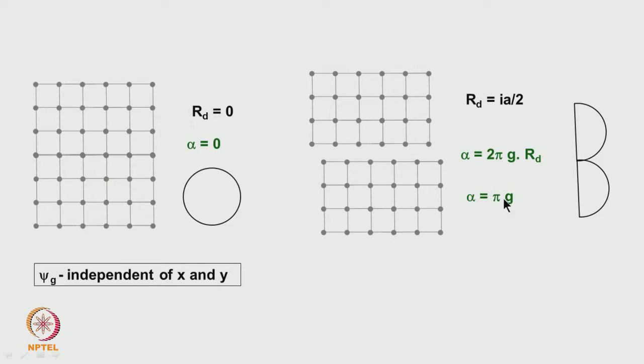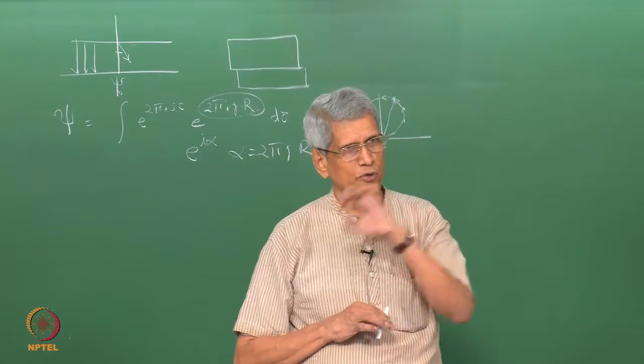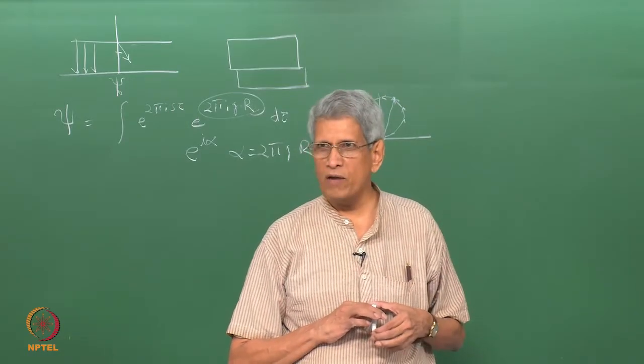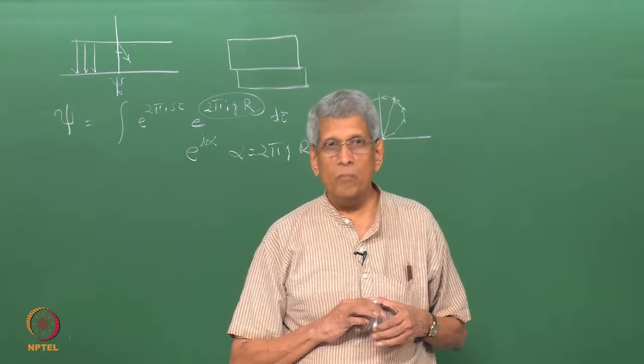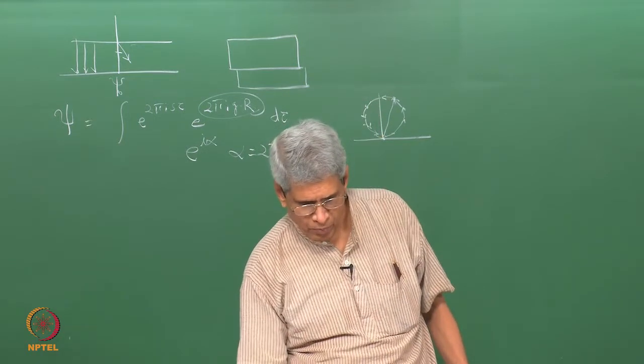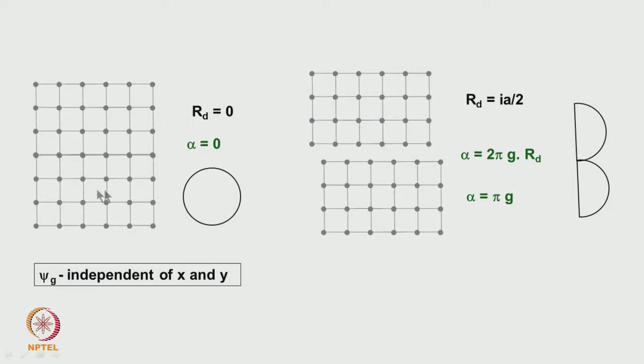Now suppose the vector which I use, g, to image the defect equals 2 0 0, then what will happen to alpha? Become 2 pi. When alpha becomes 2 pi, what will happen to this? Then again it will go as if it is a perfect lattice.